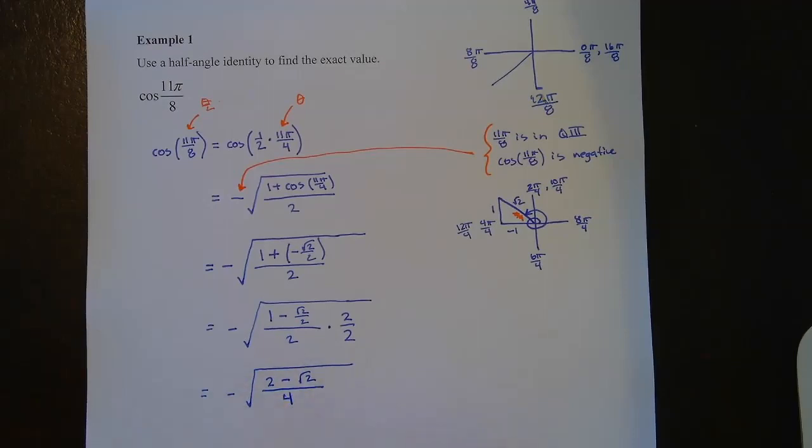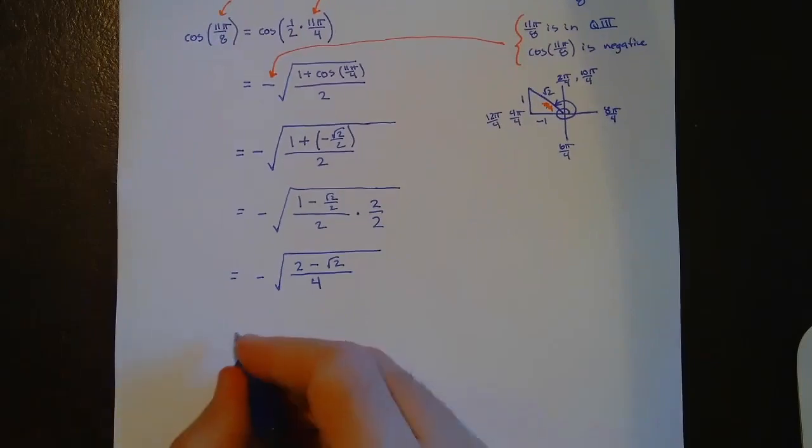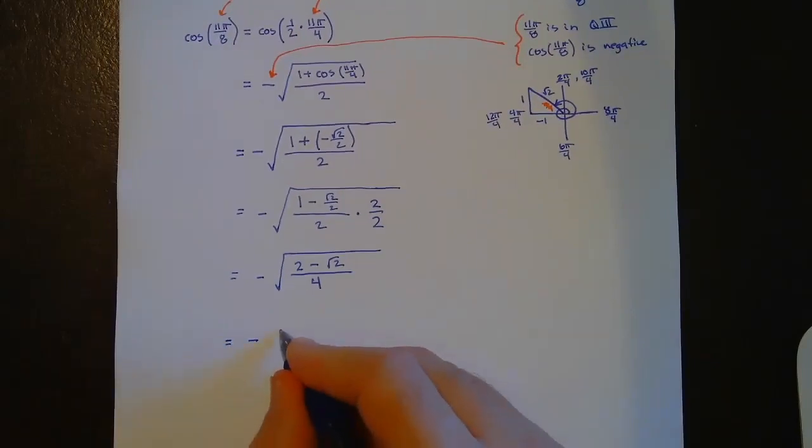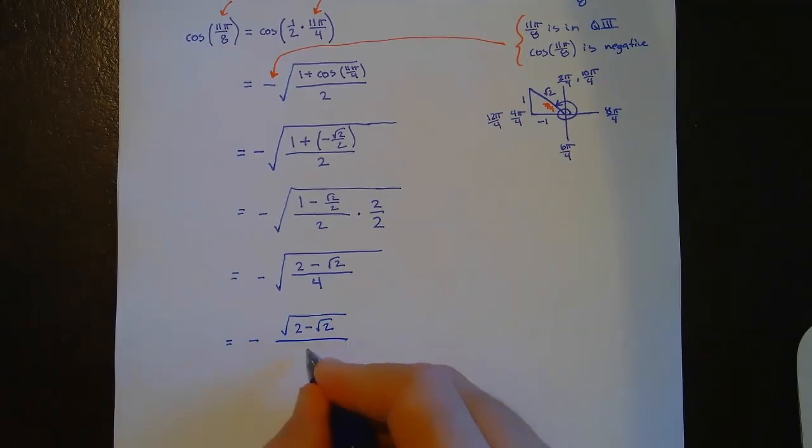When I square root a fraction, that's the square root of the top over the square root of the bottom, and the square root of 4 is 2. So this is equal to negative the square root of 2 minus the square root of 2, all over 2.